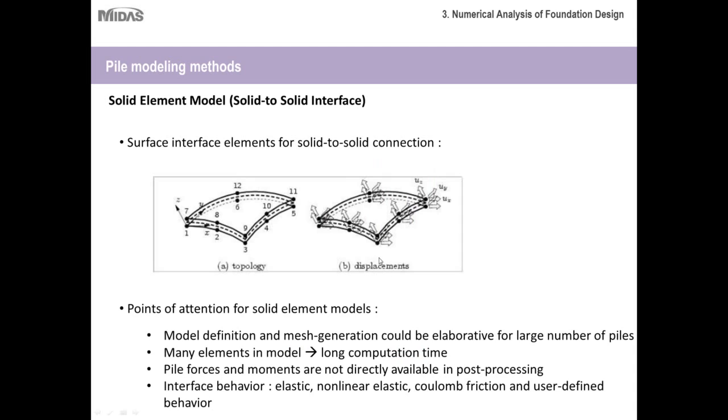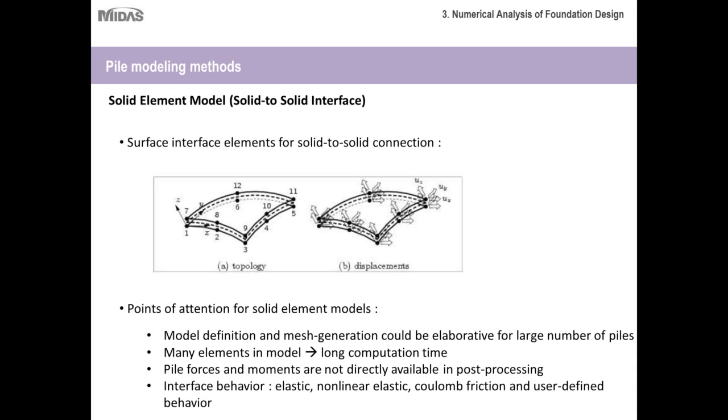If you take this in a little more detail, you can see that we have a surface interface between the two solids. This means that wherever we have the common node, there we have a surface where the relative movement of these two nodes will be determined based on the interface between them.